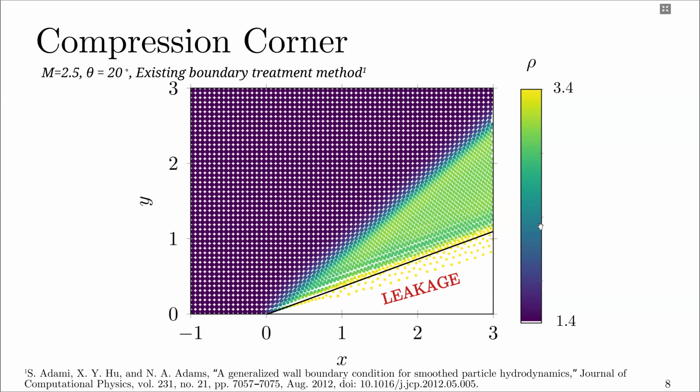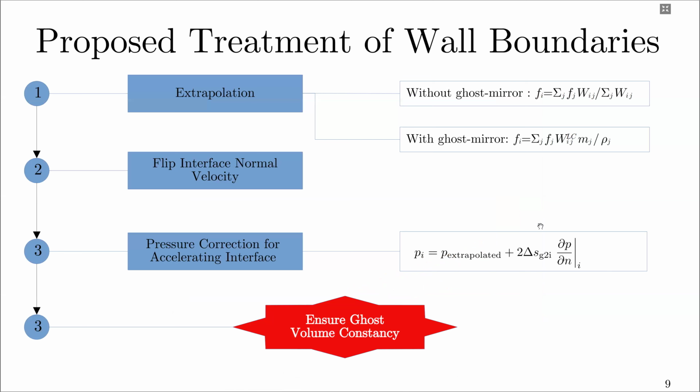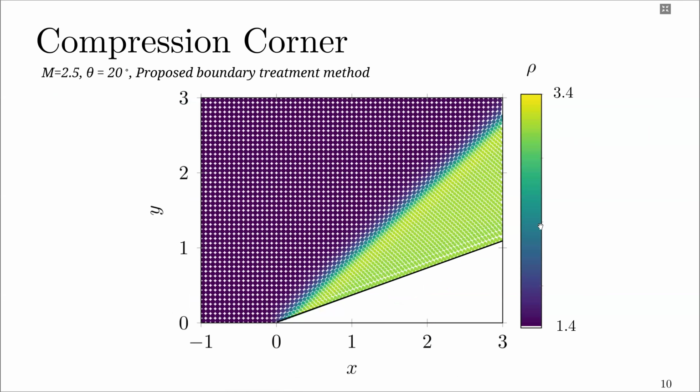However, this is not a problem with incompressible SPH or weakly compressible SPH because the density doesn't vary too much there. For this, we propose a very simple fix. We ensure that the ghost particle volumes remain constant, and that fixes the leakage issue.